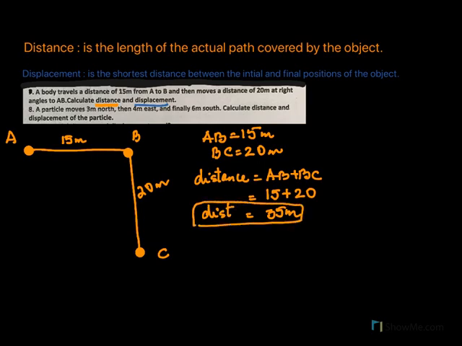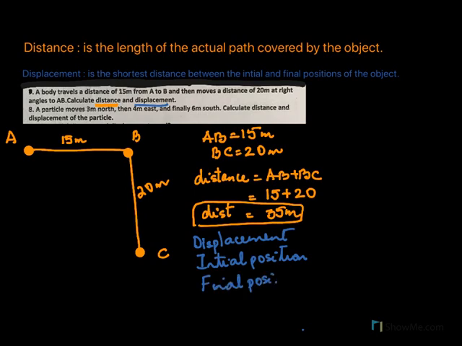Now to find the displacement. To know the displacement, we need to know two things. We need to know its initial position, and we need to know the final position, and find the distance between the initial and the final position.